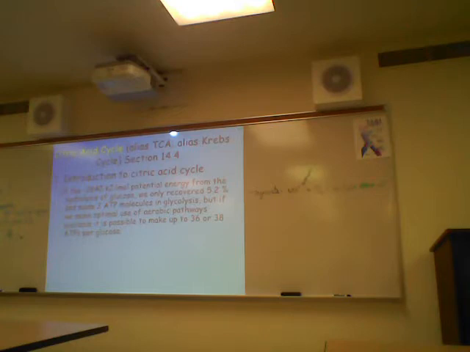By the time we get done with the TCA cycle, we'll tally it up again. We're going to get 2 more ATPs out of the citric acid cycle, 2 direct ATPs out of the cycle. And the rest is going to come from oxidative phosphorylation.